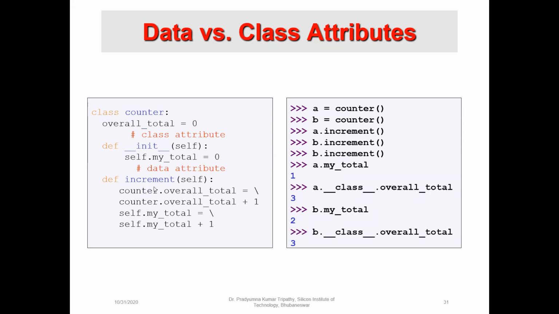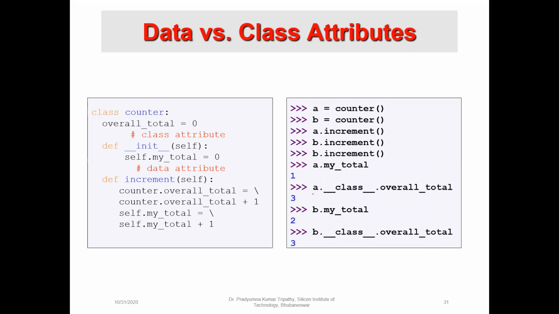If I create two objects A and B and I call the increment function 3 times, and you print the overall total by using any of the objects, see over here, A.my_total is giving 1, but overall total is giving 3. B's my total is giving 2, but overall total is giving 3.